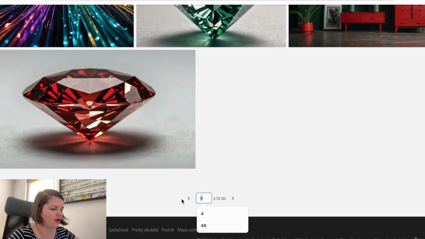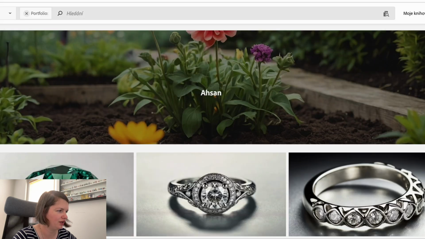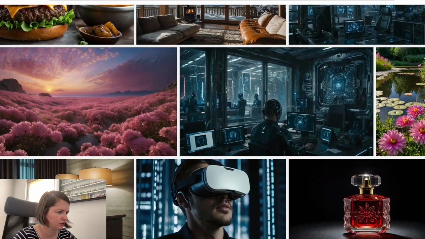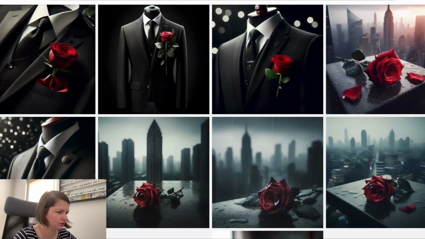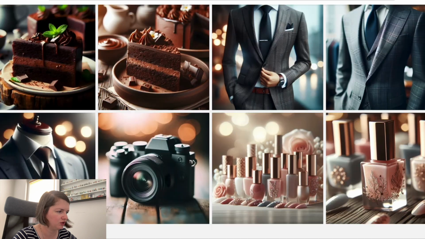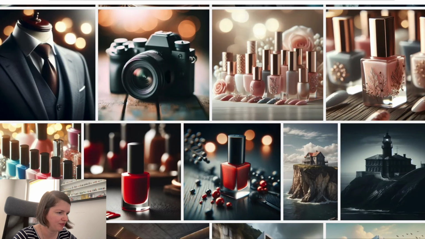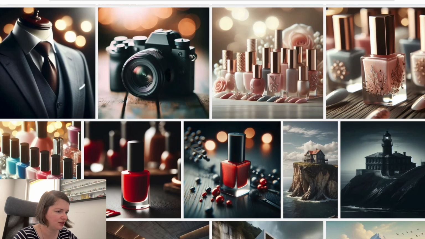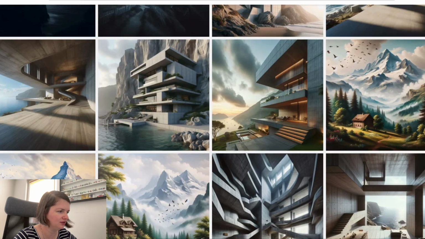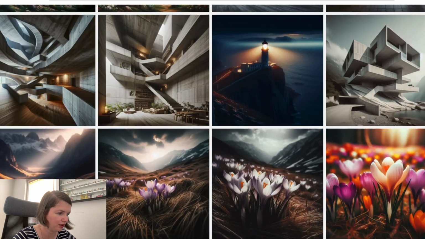Let's do 5, and then I will get back to the beginning. So the first of the things that I'm going to say is that I can see that there is a lot of square images, and I would advise against generating squares.